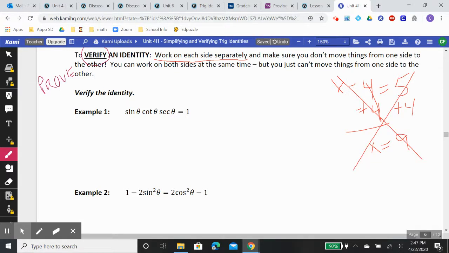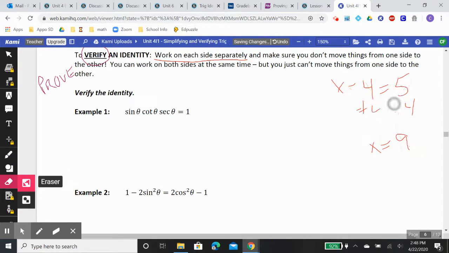You do not do that when you are verifying trig identities. You work on one side and one side only. You never move something from one side to the other. Okay. Imagine there's like a block there. You can't move something from one side to the other. So that's very, very important. So remember that, please. You can only work on one side. That's what it says in the directions. Work on one side separately.